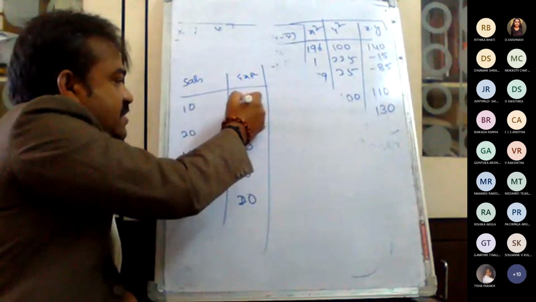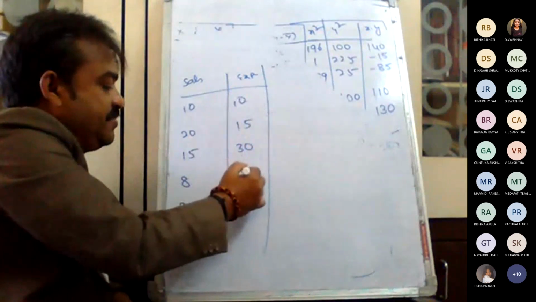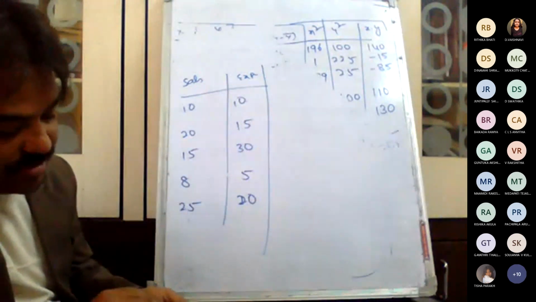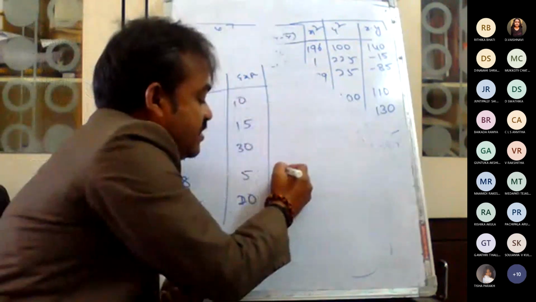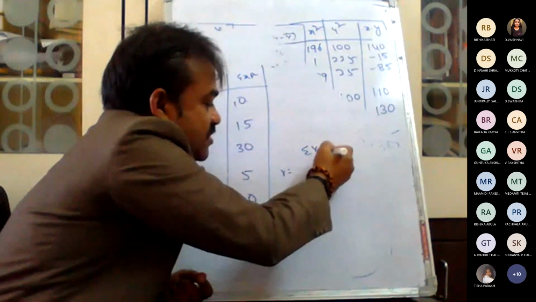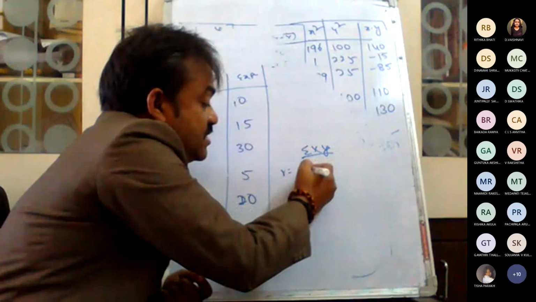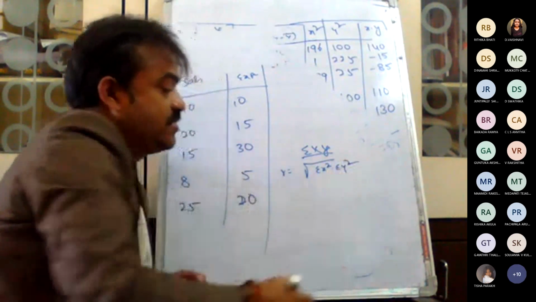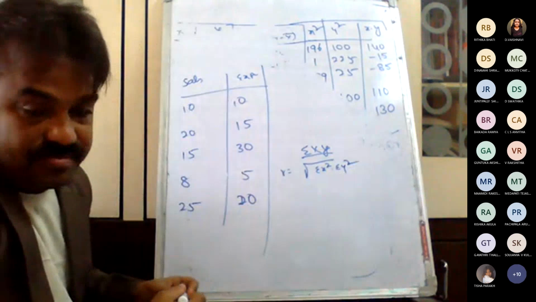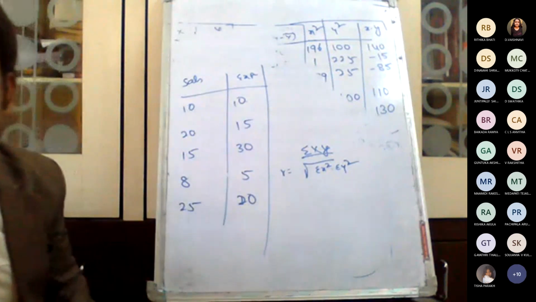This one 10, this one 5. Come on, I want the answer. The formula I will write again: r is equal to sigma xy divided by root of sigma x square into sigma y square. Okay?